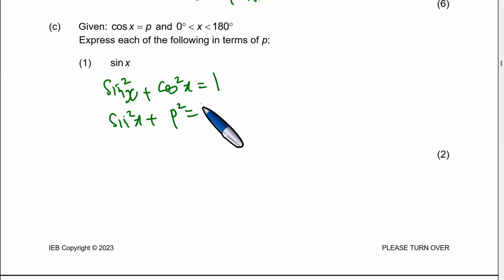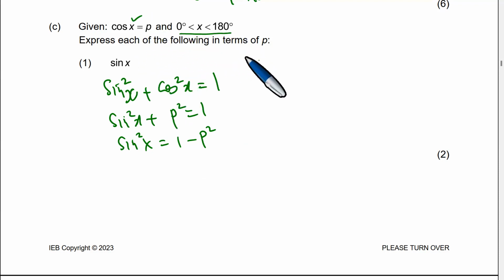So you want to get sine x, but in which quadrant between 0 and 180 degrees is cosine positive? It's in quadrant 1, in which all the functions are positive. So here you would see that you have sine squared x equals 1 minus p squared.